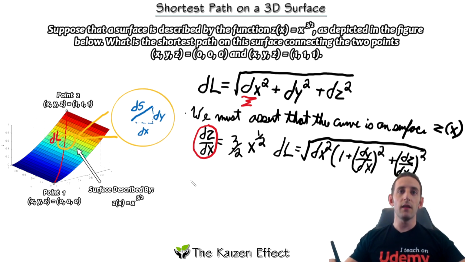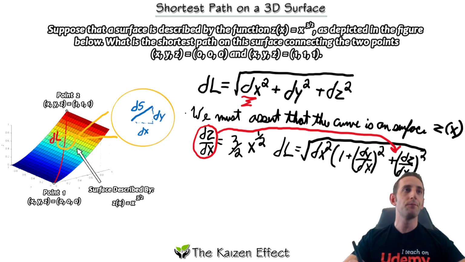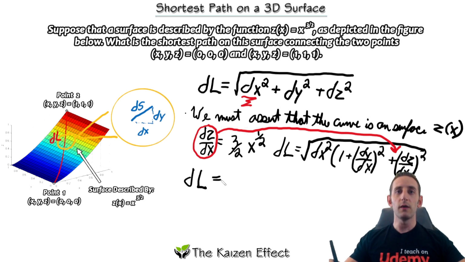So in the long run, we could pull this guy right here, all the way over there. We can plug that guy in there. And when we do that, we end up with dl equal to the square root of 1 plus, now I'm going to substitute for dy dx, y prime sub x, y prime sub x squared.